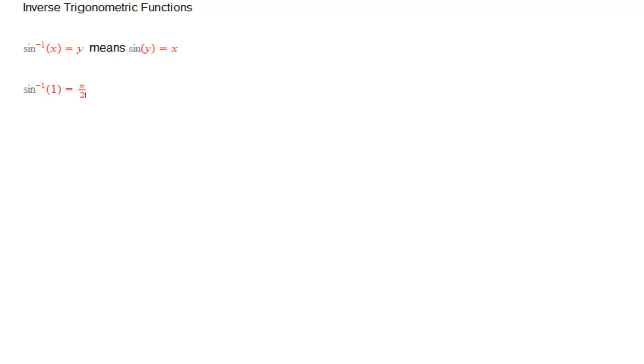The sine of pi over 2 is 1. But it could also be 5 pi over 2. It would not be 3 pi over 2, because 3 pi over 2 has a sine of negative 1. But 5 pi over 2 also has a sine of 1. If you take sine of 5 pi over 2, you get 1.